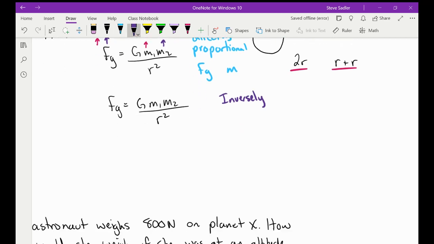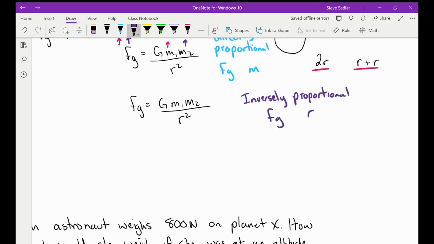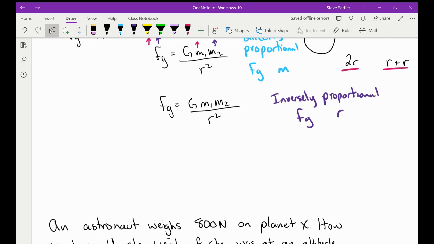The radius and the force of gravity are inversely proportional. So that means as radius goes up, Fg goes down. As we increase the distance, the force of gravity goes down. And that makes sense. But we have to be careful.